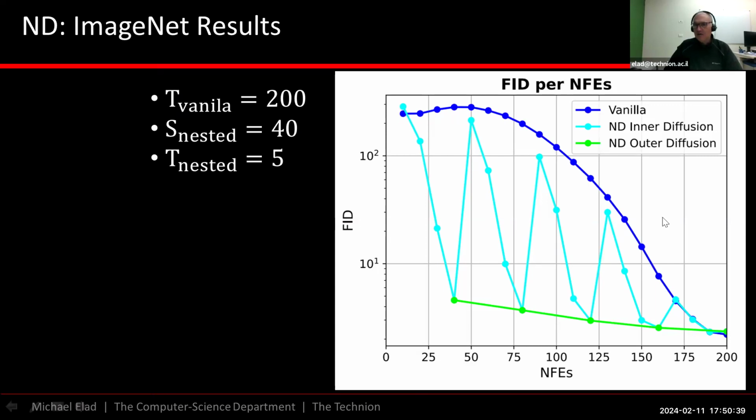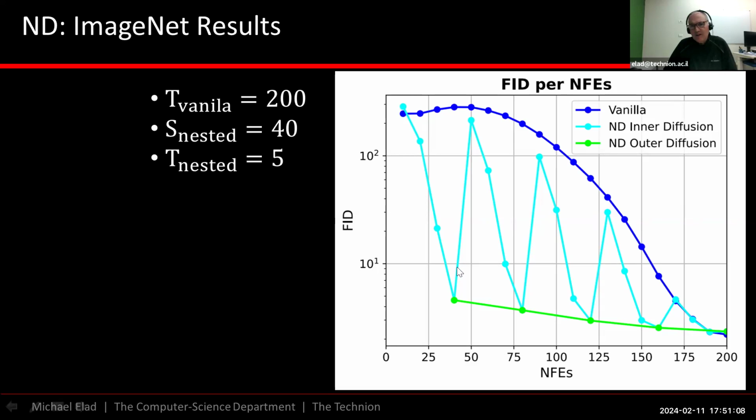This is the vanilla algorithm. In green, what I'm showing you is the nested diffusion, the outer loops. The outer means after 40, 80, 120, 160, and 200, I'm looking at the X0s that the algorithm produces. And as you can see, already after 40 steps, we get FID that is truly competitive. The results are truly ones that you can look at the image and decide whether you want to stop or not.